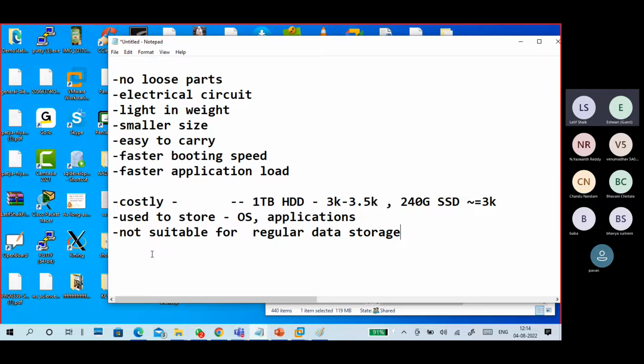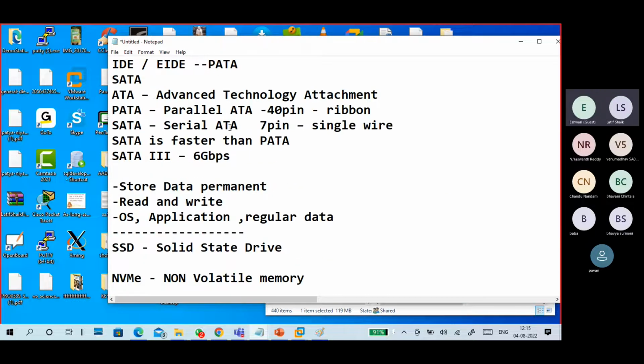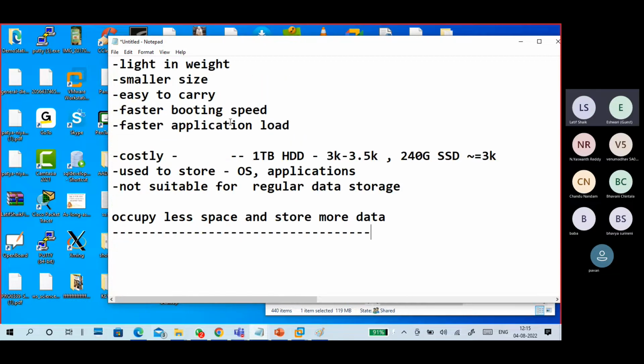It occupies less space but stores more data. So this is about your SSD and your hard disk.